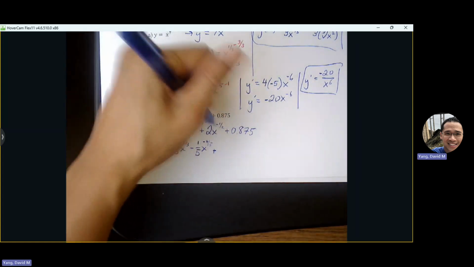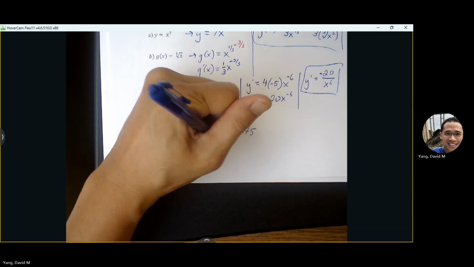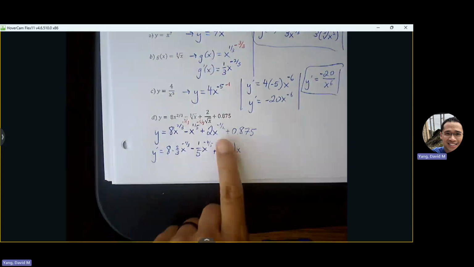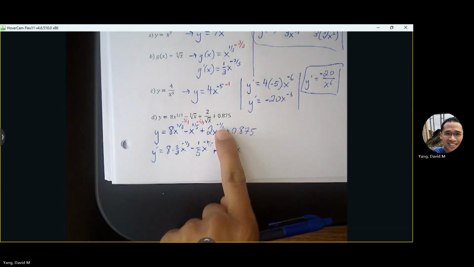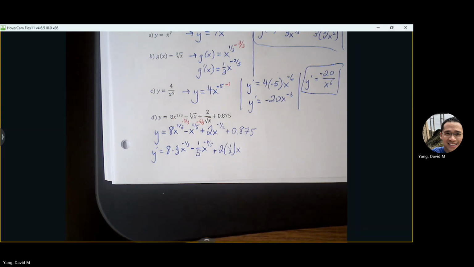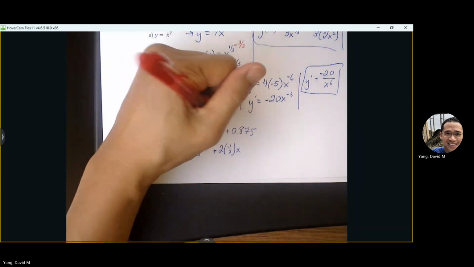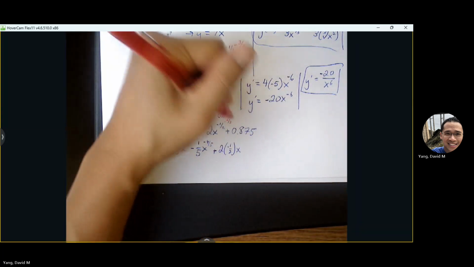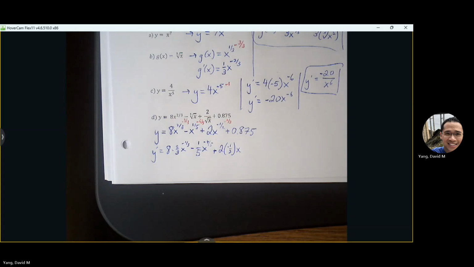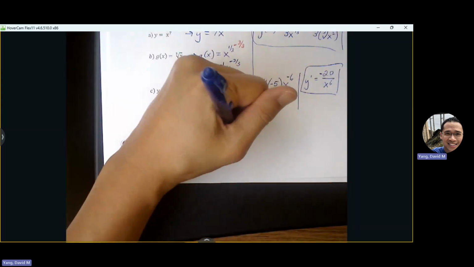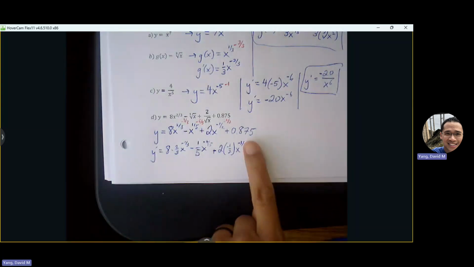Okay. Bring down the -1/2. Subtract 1 from the exponent. What's that going to be? Negative 3/2. What about this 0.875?